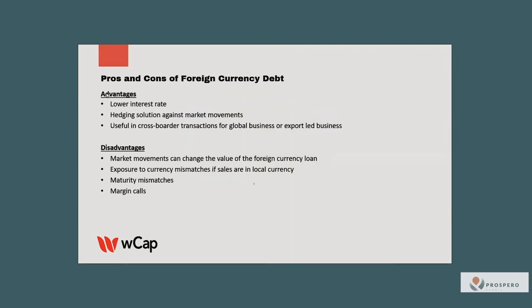So when you decide to take on a foreign currency loan, before you do, it's important to consider what advantages and disadvantages exist and what the implications are. The advantage with a foreign currency loan is that it normally has a lower interest rate compared to local currency. We saw this in the previous graph. It really depends on the foreign currency that you intend to borrow in, and on what you're going to be using the money for.